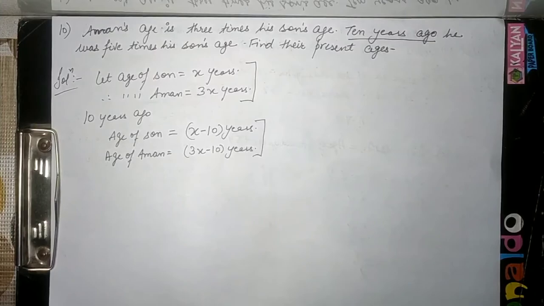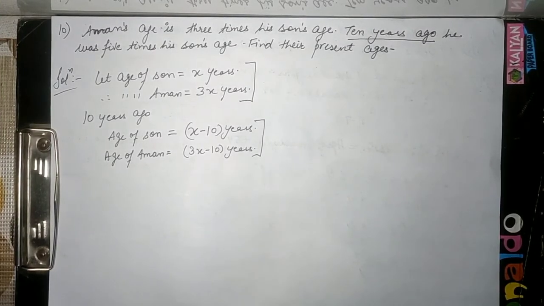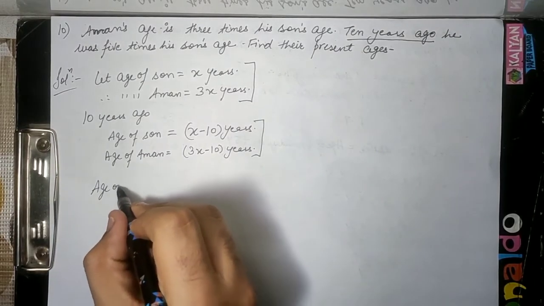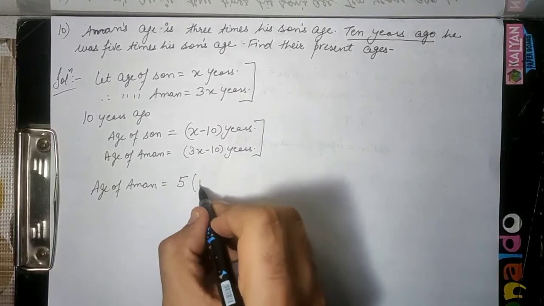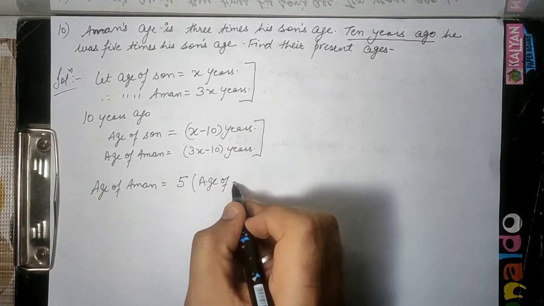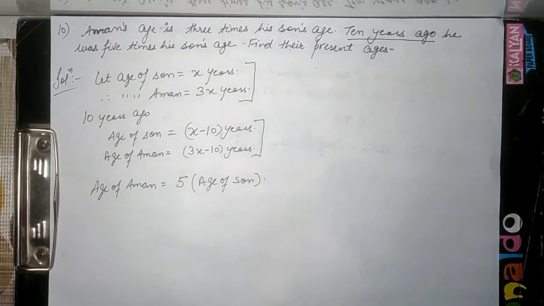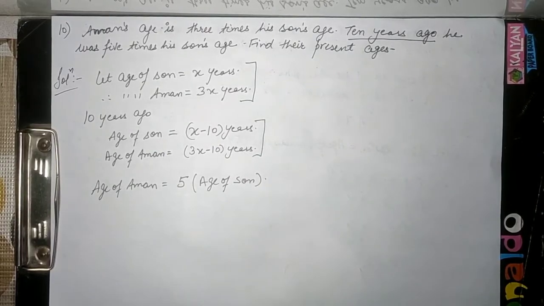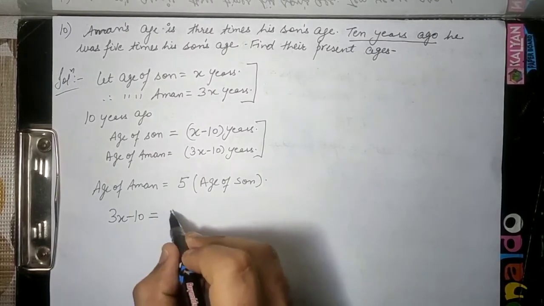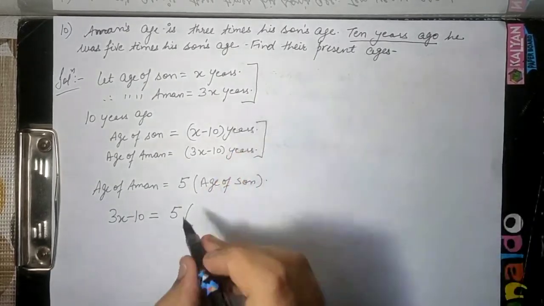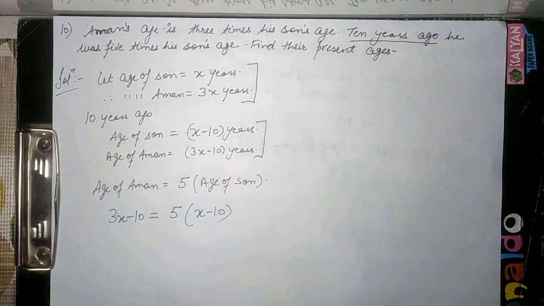Now it is given 10 years ago he was 5 times his son's age. Therefore age of Aman was equal to 5 times age of his son. So what is the age of Aman 10 years ago? 3x minus 10 is equal to 5 into age of son 10 years ago, x minus 10.